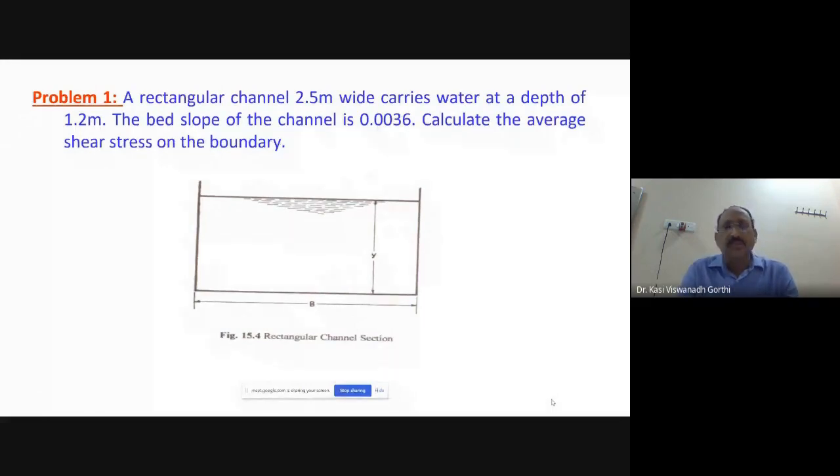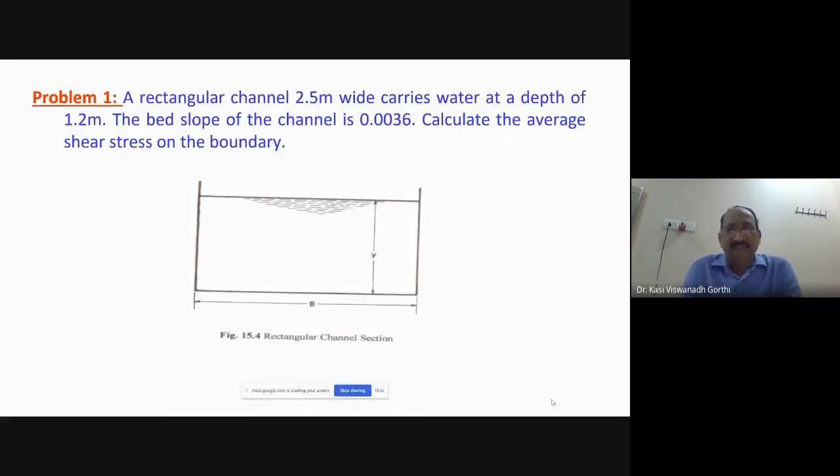The top width also would be equal to 2.5 because it is a rectangular channel; the bed width and top width are the same. The channel carries water at a depth of 1.2 meters, that means the depth of flow y is 1.2 meters. The bed slope of the channel is 0.0036. Calculate the average shear stress on the boundary of this channel.